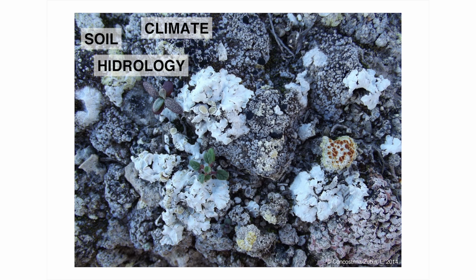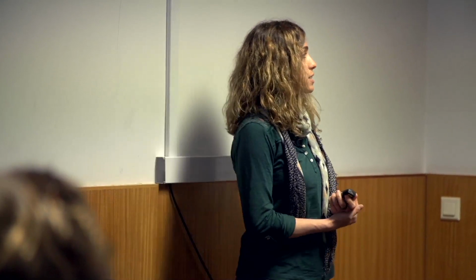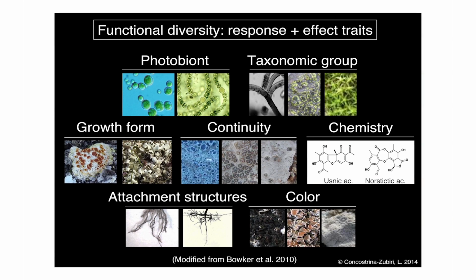So yes, we want to know how this community responds to soil, hydrology, and climate, and this is a scenario of desertification. So as Alice and Paula have been talking about, we want to focus on some traits that may be both response traits and effect traits.